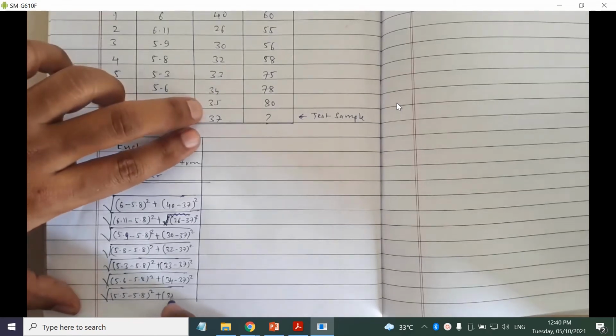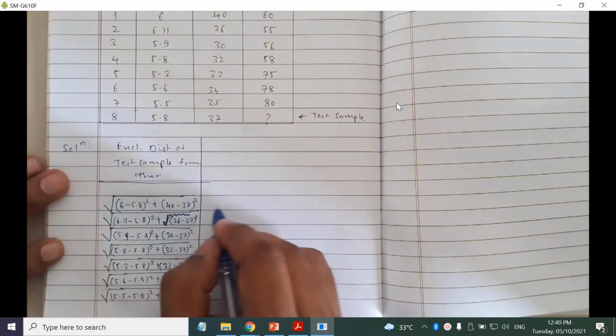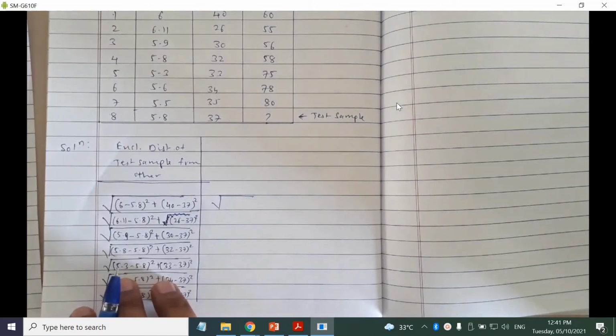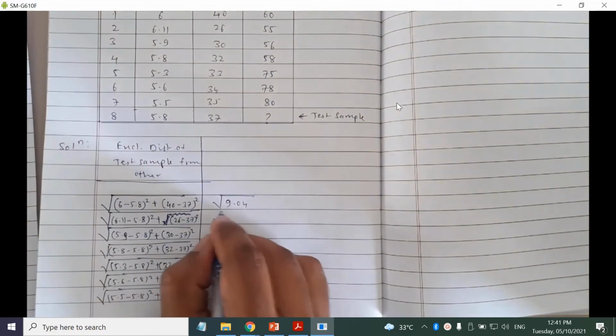And for the last pair, (5.5 minus 5.8) whole square plus (35 minus 37) whole square. Now this will come out to be, so I will not find the square root. Without finding the square root also you can compare the values.